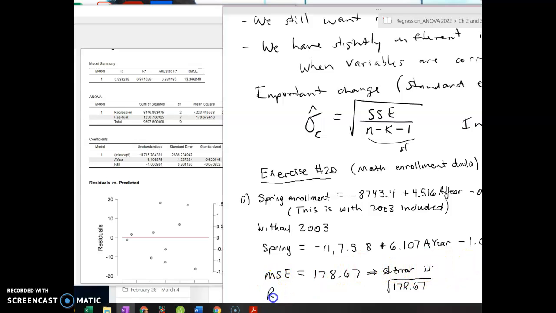And you can also see the R squared up here is 87%, which matches what we saw in the other solution.